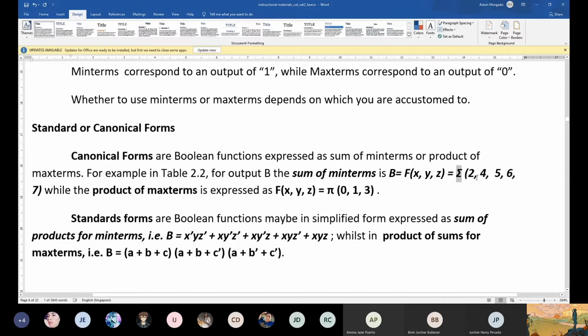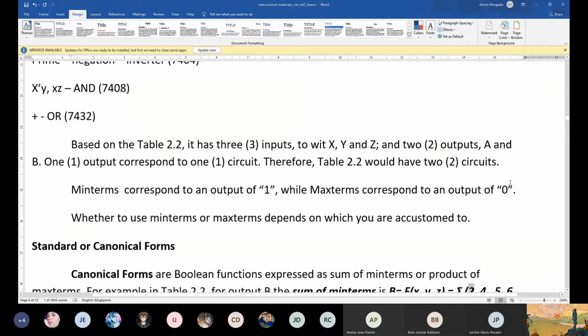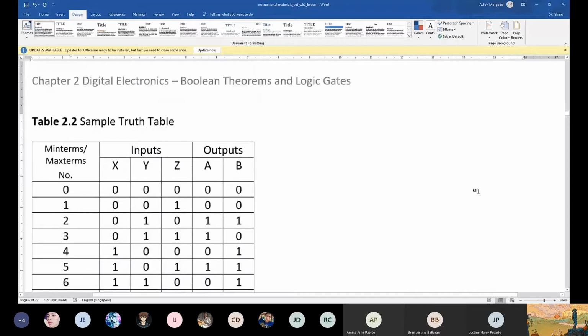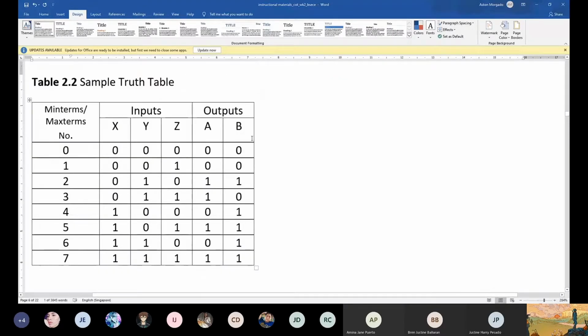So 2, 4, 5, 6, 7 are actually minterm numbers. That means minterms 2, 4, 5, 6, 7 have an output of 1. Let's check the truth table.